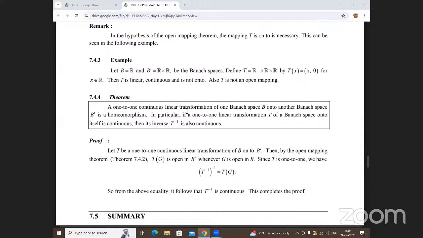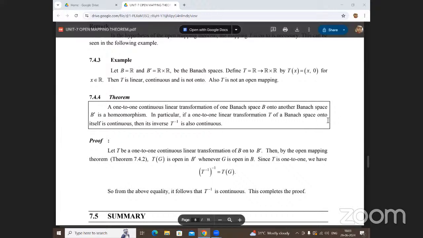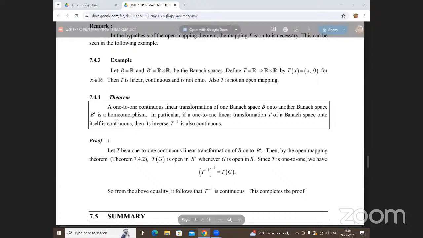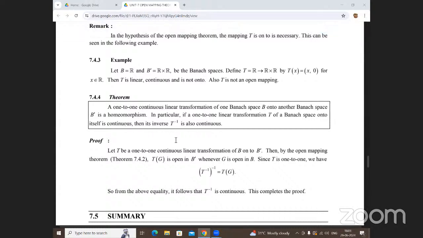Sometimes that statement is also stated in a second way. In the same manner, it is represented as: if a one-to-one linear transformation T of a Banach space onto itself is continuous, then at the same time the inverse of that transformation is also continuous.